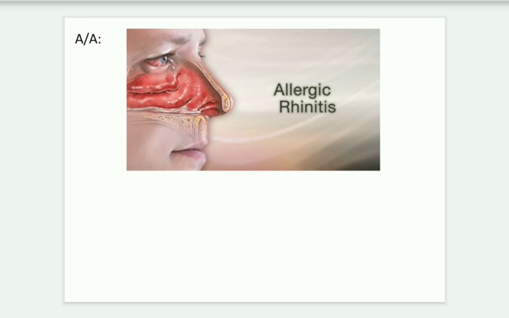Next, applied aspects. It is allergic rhinitis. It is the most common feature which can occur. It might be from any dust, allergies, smoke, or mites. It can happen to your nose.